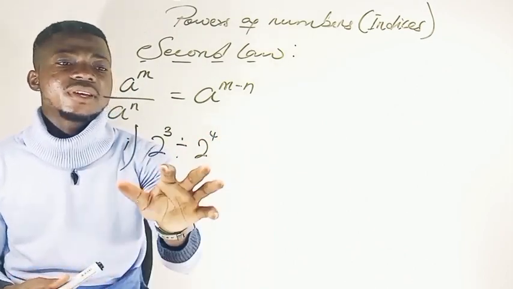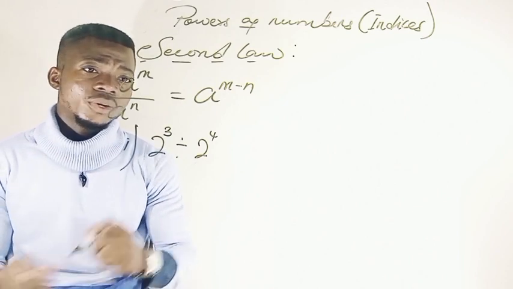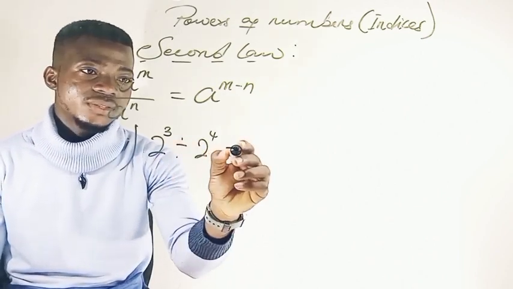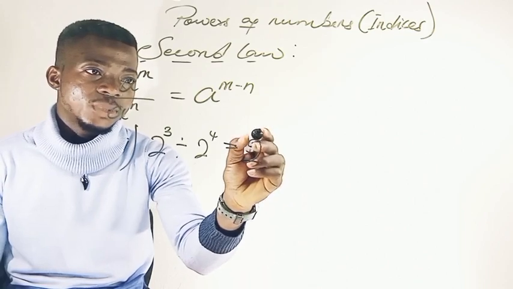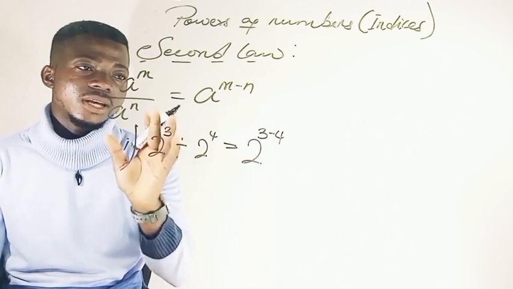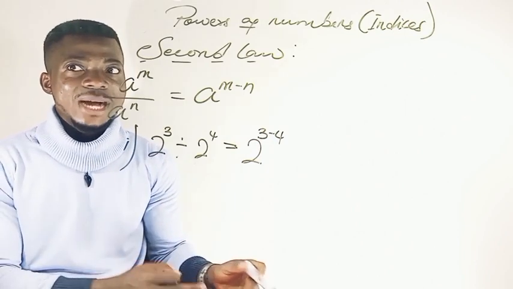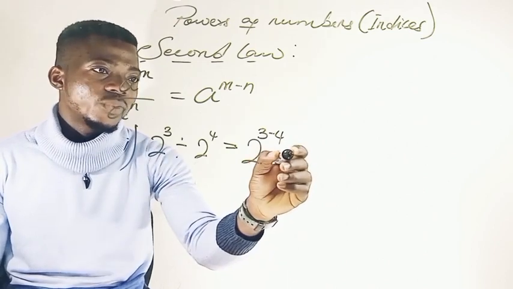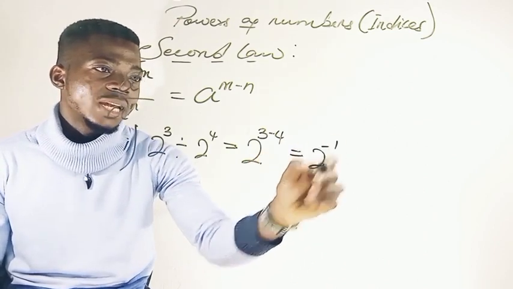Because they are dividing, the quotient law, you have to subtract the exponents. So this is going to be 2 exponent 3 minus 4. Don't go and change the positions. It should be systematic, respective. So this one is 2 exponent negative 1.